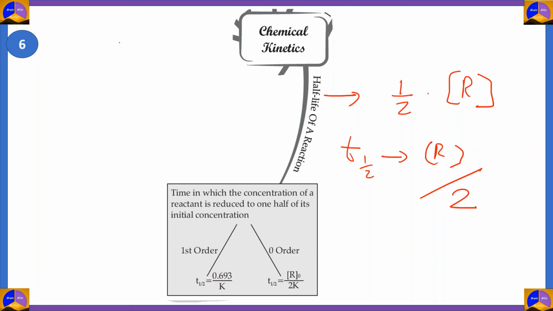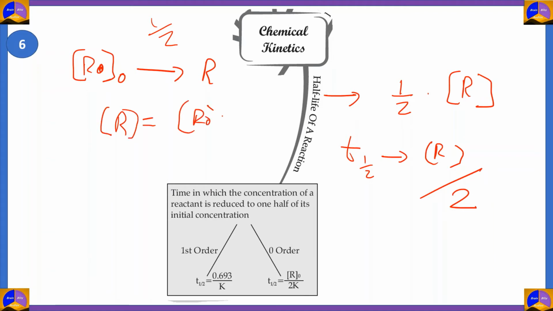Suppose we have a reaction with initial concentration R naught. It changes to R in half of the time. What it means is that the concentration of R is equal to R naught divided by 2.